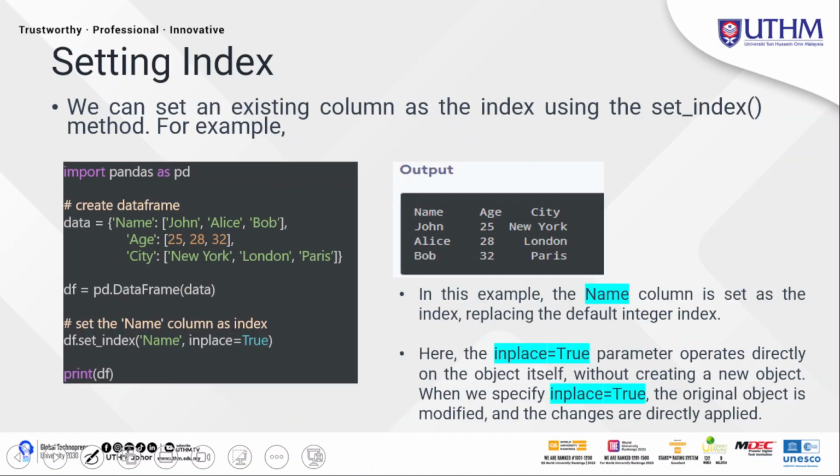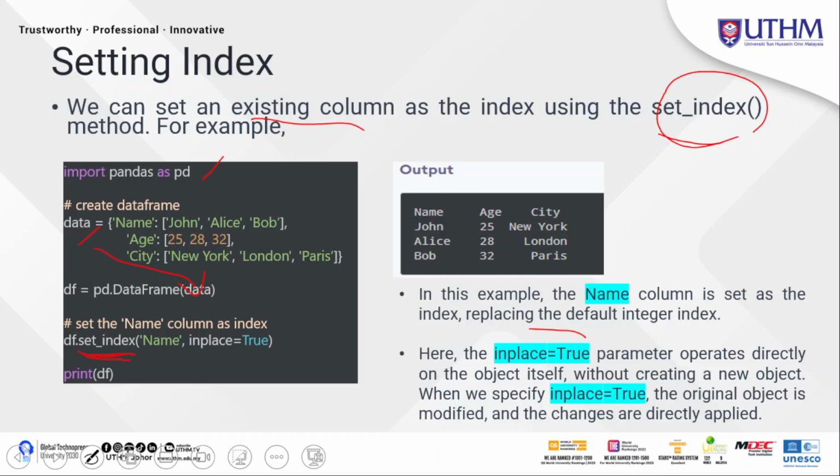Next, you can set up the values of index. You can set up values of index from an existing column. Remember, from the existing column, you can set up one of the columns to become an index. How to write this? So import pandas, data, and then call the data to create the data frame. After that, you have to use the set_index method. df.set_index("Name", inplace=True). The name should be in open and close quotes, and make sure that the name starts with a capital N, just to avoid any errors. Then comma, inplace equal to True.